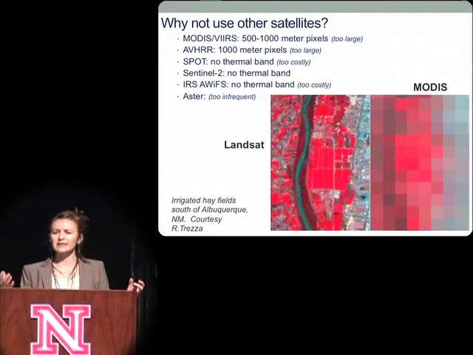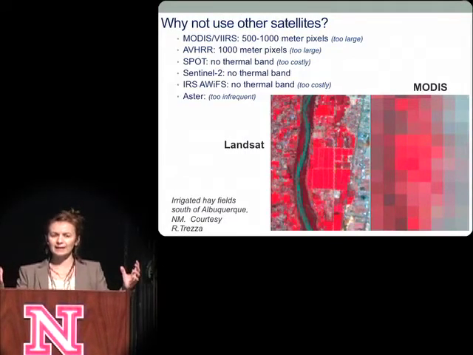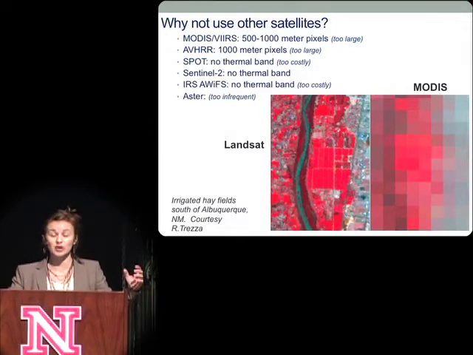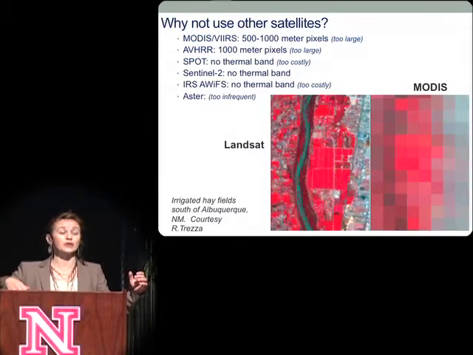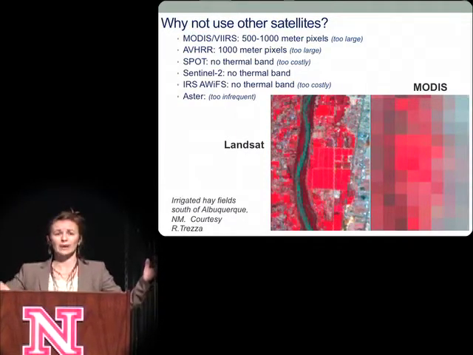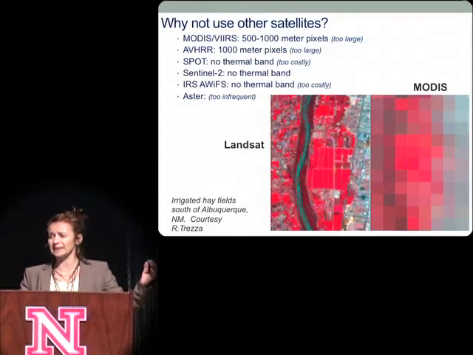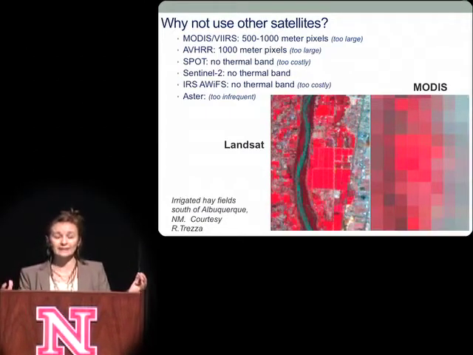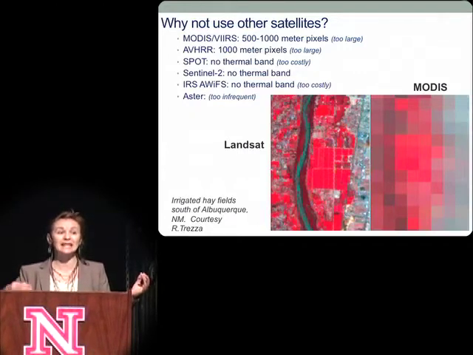So with MODIS, with such satellites, there is no way we can accurately quantify the change in land use, or quantify water consumption or expansion of the native species. So that is one reason we want Landsat, and we need Landsat.